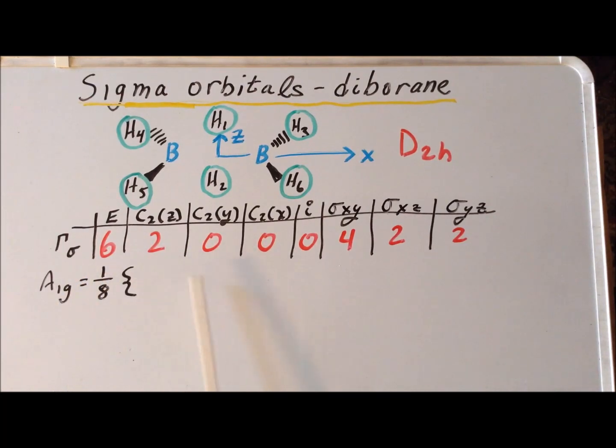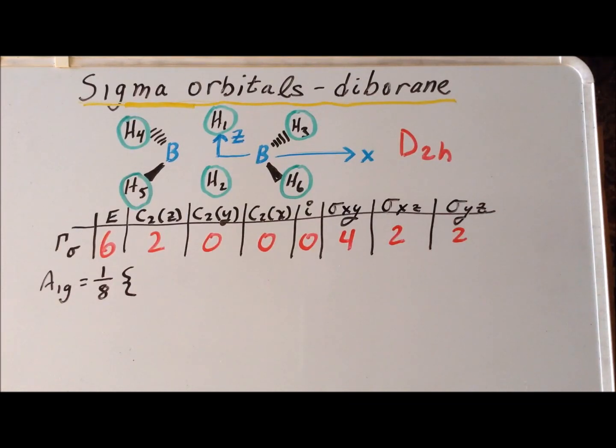And then we have a series of terms where we multiply the character in the reducible representation times the number of operations in the class, and then multiplied by a character from the character table. Well, we notice here that in every single case there is only one operation in each class. So to save writing, in this particular case, we will not write out this multiplication by 1.